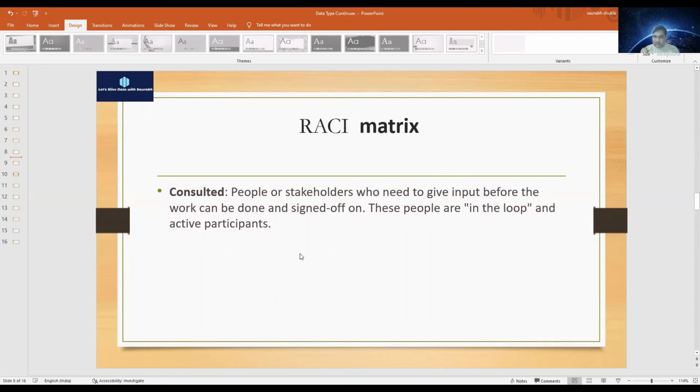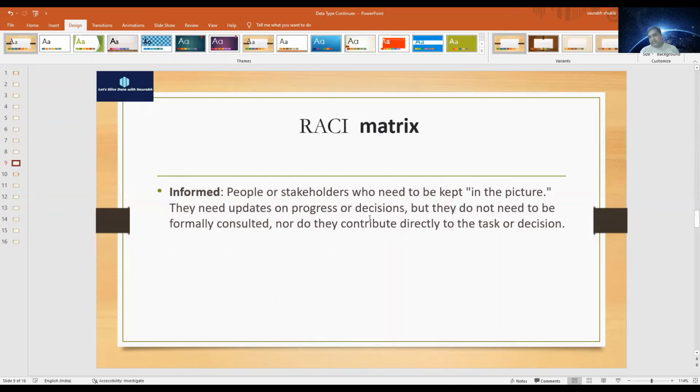So R, Responsible, A, Accountable, C, Consulted, and then in the end, I. I is nothing but the stakeholder, I believe the customer basically. He should be informed, because he will not ask every now and then what is going on, and he is not going to help you as well because he is giving the money. So he should be informed about what is going on, or maybe the top salesperson, because he has promised something to the customer.